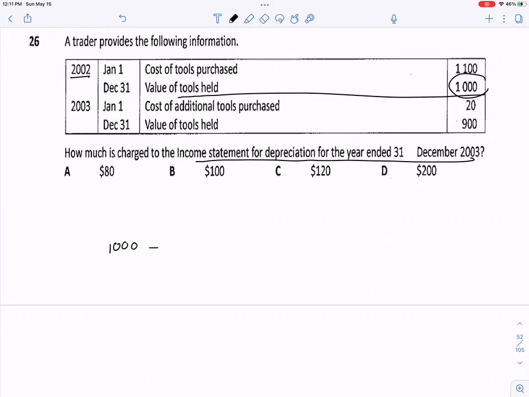Use the loose tools 1,000 plus 20 purchases, then minus the value of tools held. So opening value of 2003 plus purchases minus the closing value: 1020 minus 900, so 120. 120 is the depreciation charge. Opening plus purchase minus closing.